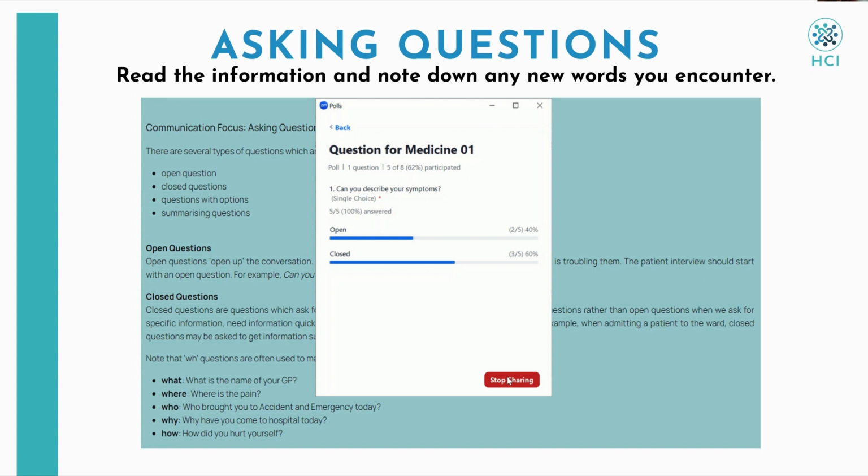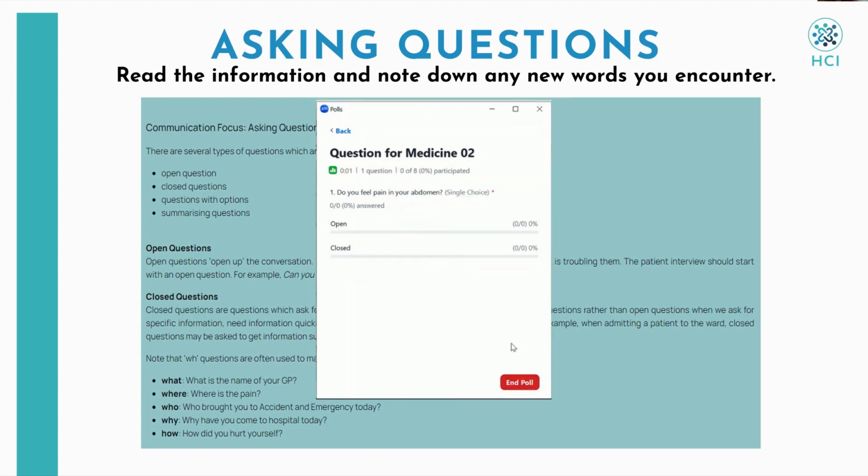Yes. All right. I'm gonna post the second question. Okay, so our next question, do you feel pain in your abdomen? Do you think this is an open question where your patient will give you a long answer, or a closed question where they'll give you a short answer?